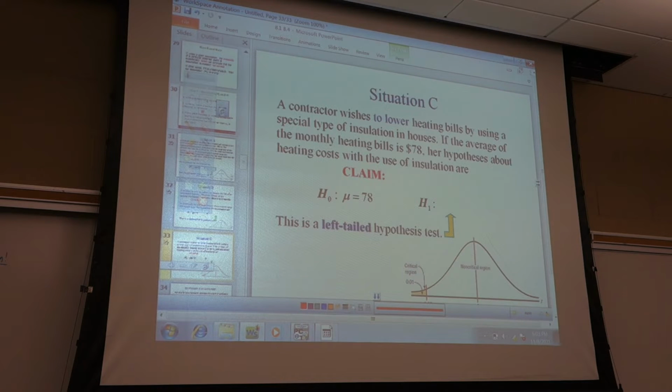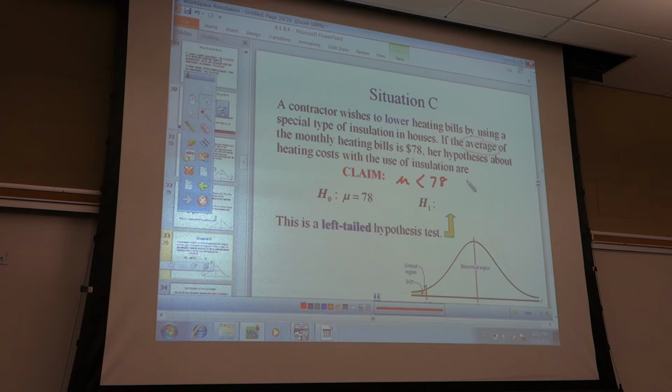It's a mean. Everyone see the word average? So the claim is that the mean is less than 78. It's going to go down, because it's going to lower your heating bills. You're not going to pay $78, you're going to pay something less than $78. So the claim is that your mu is going to be less than $78 with my insulation.